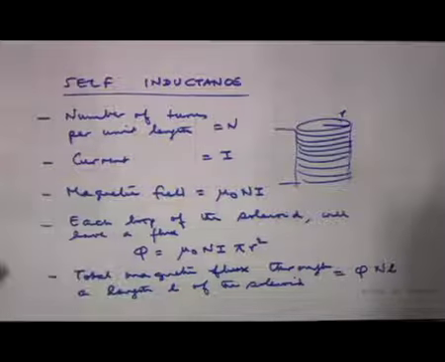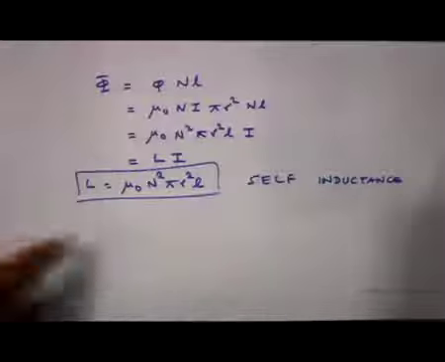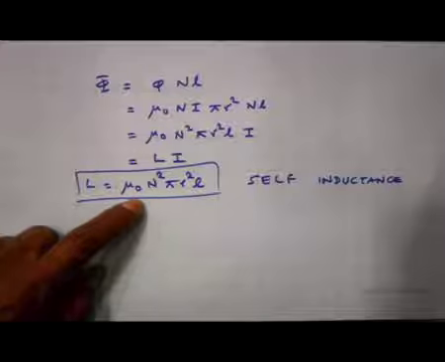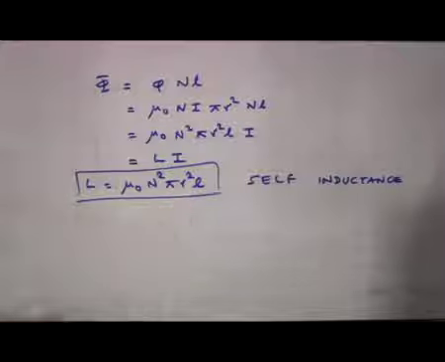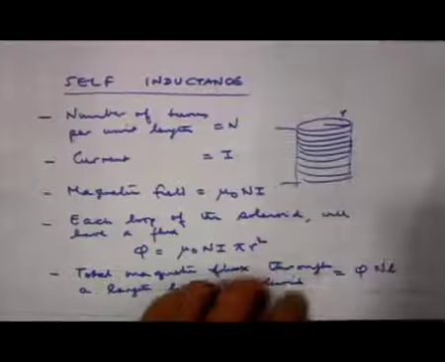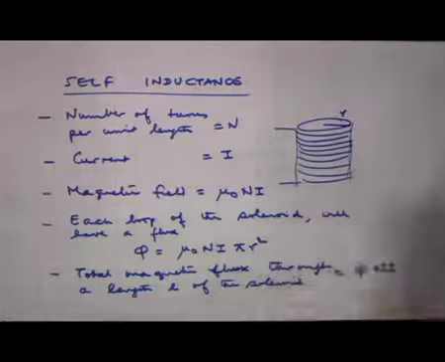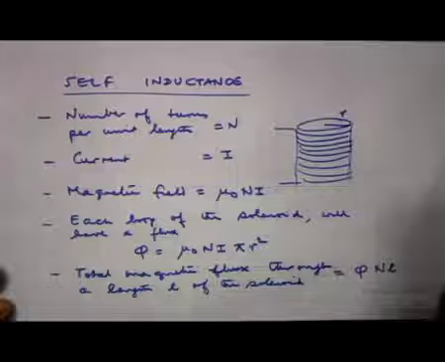That proportionality constant is called self inductance, and in this case it comes out to be mu naught n square pi r square into L. This is a very important property of a coil like this, and this self inductance defines how much flux passes through the solenoid if I pass a current through the same solenoid.